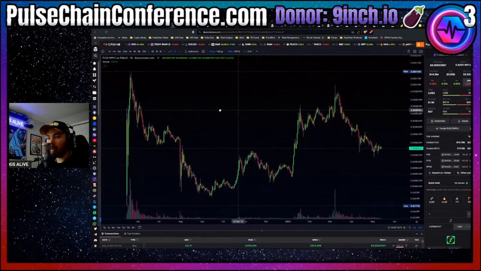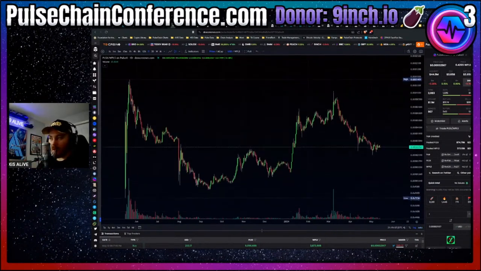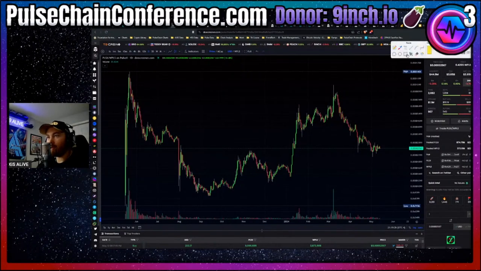So in the case here of PulseX, when we're looking at this bonded liquidity setup, the dollar charts look relatively the same, but how do we tell which one's over or underperforming the other ones? Well, we can change this right scale to not show us the price in dollar terms, but give us the price in Pulse terms by clicking this button right here. This is Dex Screener, and Dex Tools has the same button.